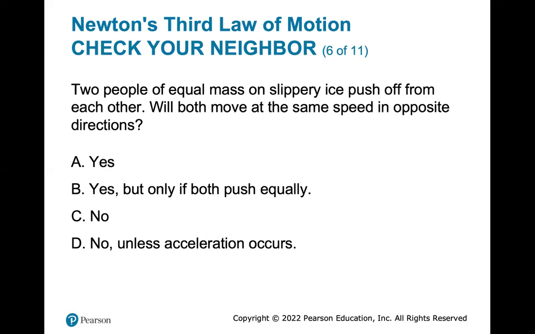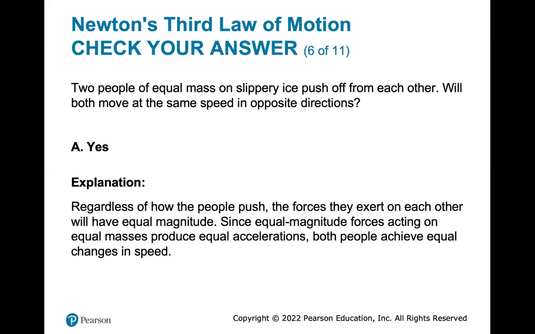Now, it really wouldn't matter even if one of them didn't push. If they're on ice and they're the same mass, if one pushes and the other one stays still, they're both going to go in opposite directions. So they will go at the same speed in opposite directions. Yes.